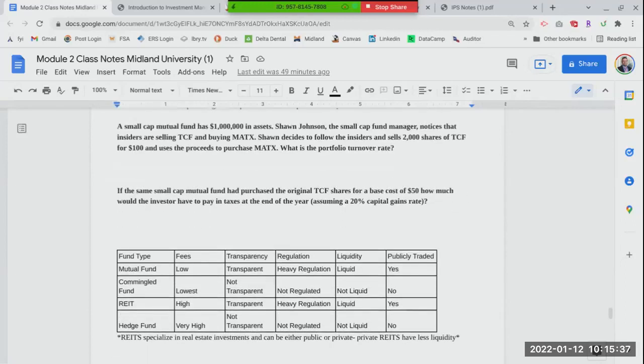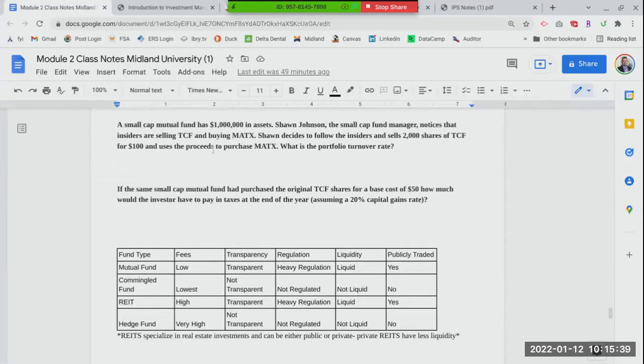So let's use this example here. A small cap mutual fund has $1 million in assets. Sean Johnson, the small cap fund manager, notices that insiders are selling TCF and buying MATX. Sean decides to follow the insiders and sells 2,000 shares of TCF for $100 and uses the proceeds to purchase MATX.